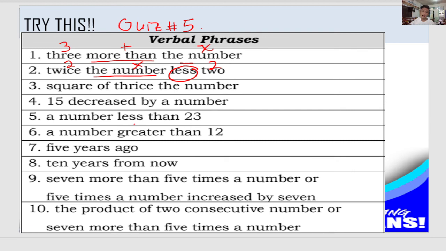Now, for our quiz number, no, this is quiz number 6. Allow me to edit for a while.